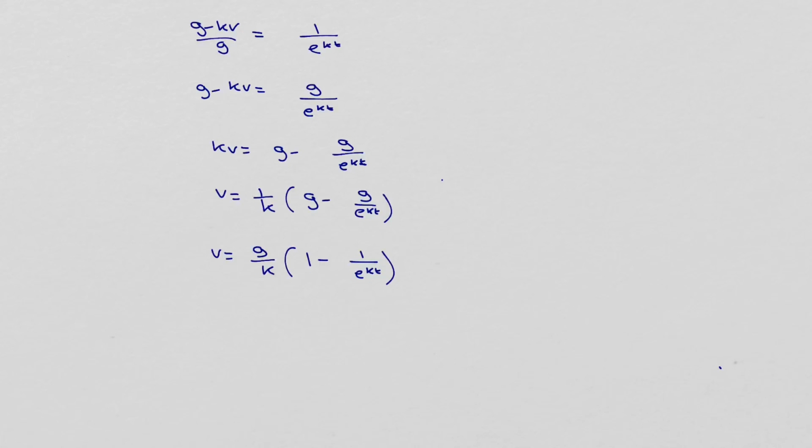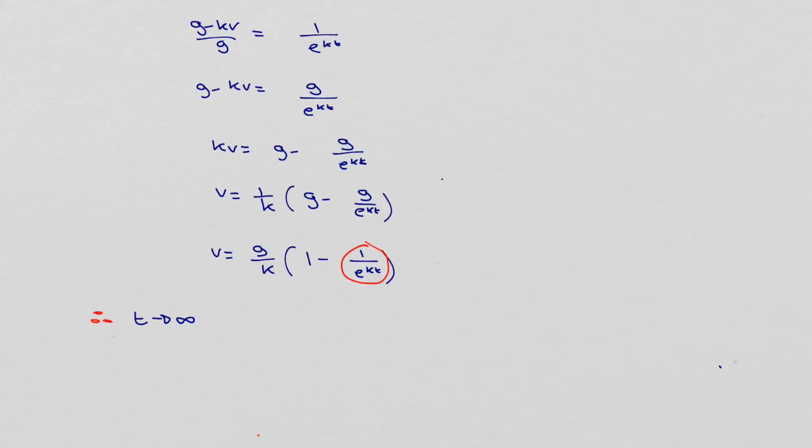So what is v tending towards? The time is going to tend towards infinity. If time tends towards infinity, there's only one part of my equation that has time in it.